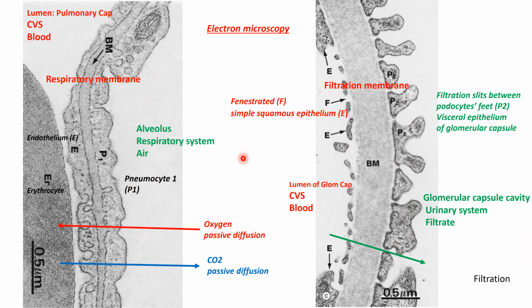Reminder, guys, the blood and the air never mix in a normal person. If they do, the barrier broke down and the person has a disease. The same thing in the kidney. The blood and the urine never mix in the healthy individual. If for some reason this barrier breaks down, we have a very serious disease, kidney disease.